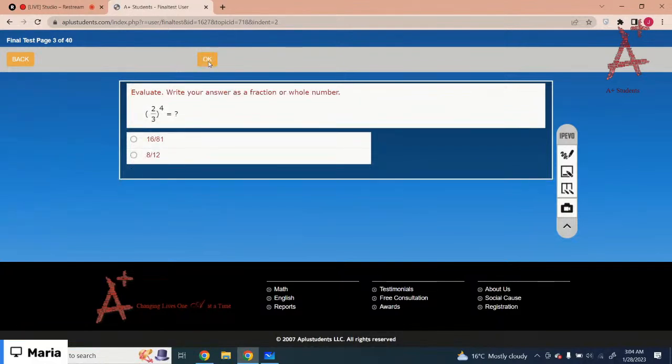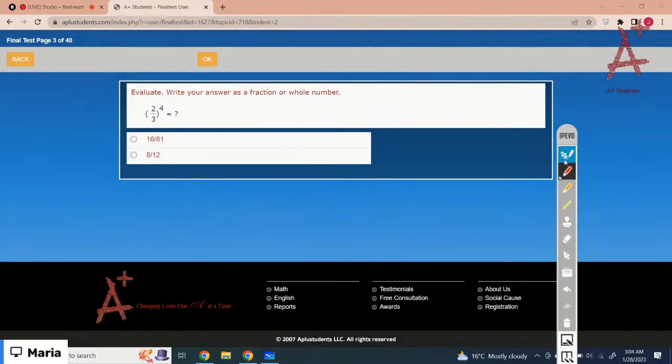Okay, the next one is evaluate. Write your answer as a fraction or whole number. So you have to evaluate 2 by 3 exponent 4. So basically the exponent 4 applies to both numerator and denominator. Got it? You have to do numerator 4 times and denominator 4 times.